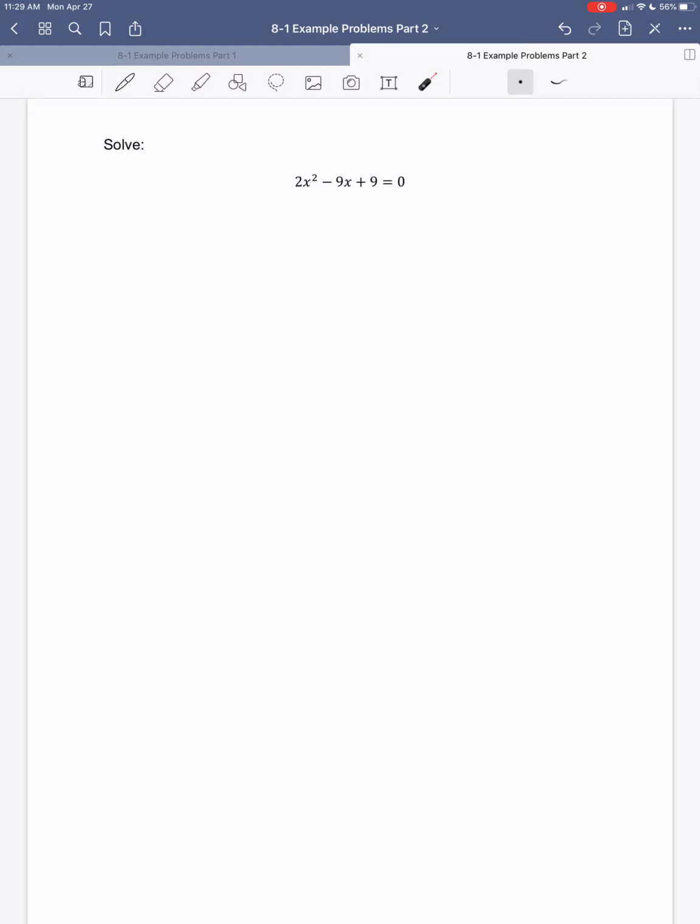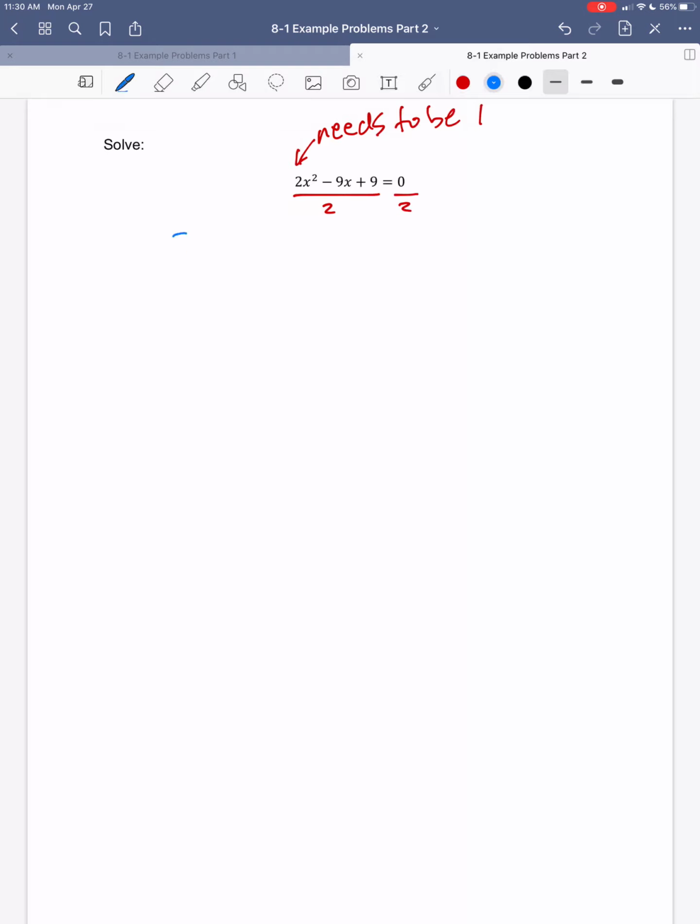This last example is a little bit more complicated because when I look at this term, that needs to be a 1. And so what I'm going to do at the very beginning is divide by whatever I need to make that happen.